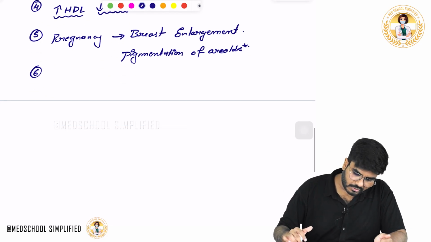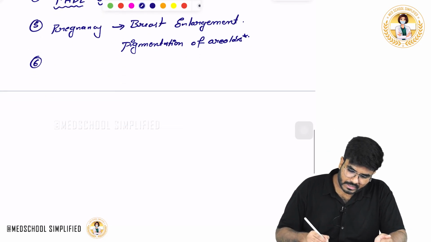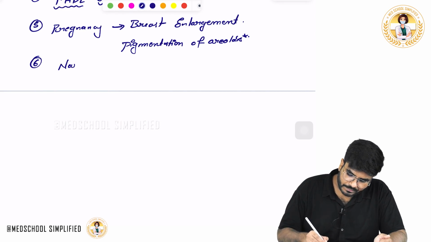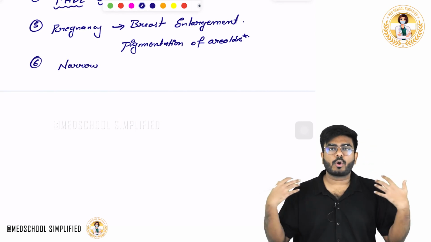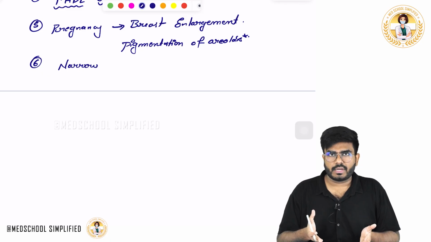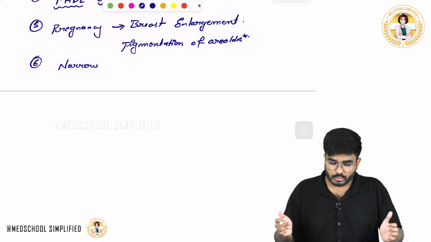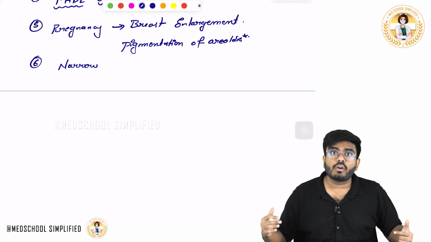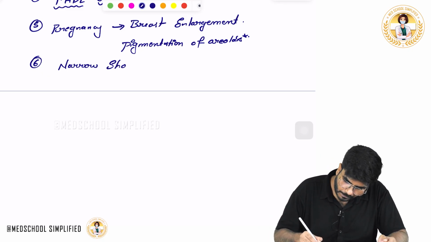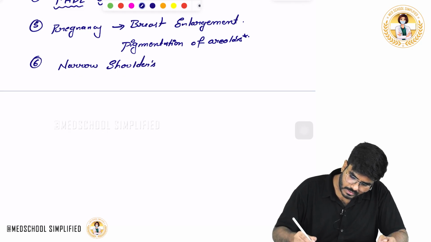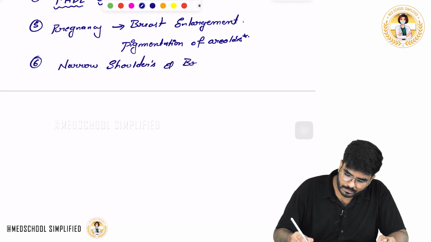It is because of the estrogens, which means the females are going to have narrow shoulders. Males are going to have broad shoulders. That V-shaped body is going to be there, right? Narrow hip region, narrow waist. So, females are going to have narrow shoulders and broad waist.